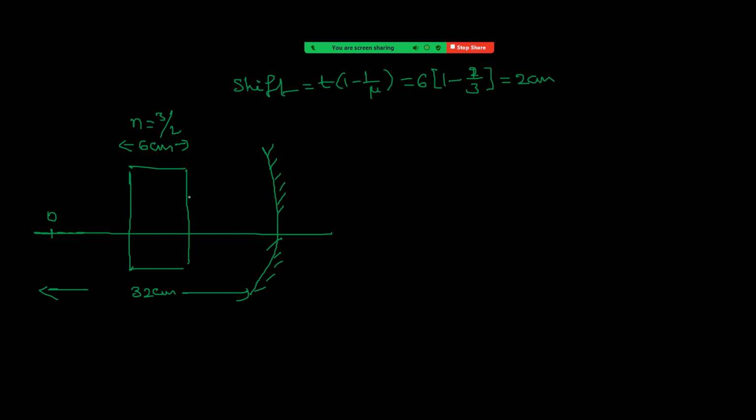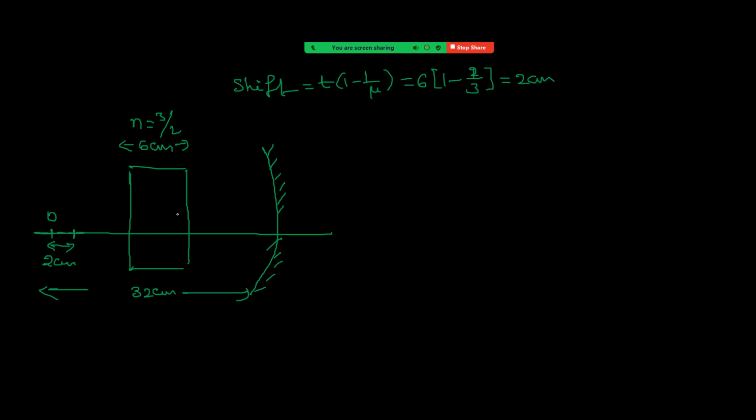After two refractions, if we observe from this side of the slab, the rays appear to come from somewhere here, and that shift will be equal to 2 centimeter, right? See carefully. When we see from this side, rays appear to come from here, not from here.